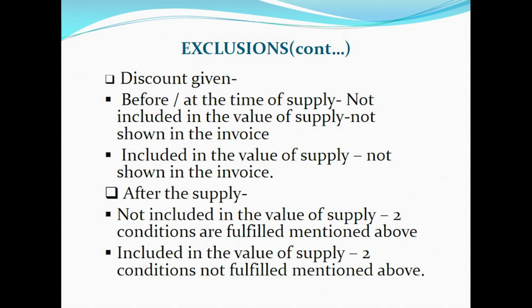Continuing the exclusions, the discount given before or at the time of the supply is not to be included in the calculation of the transaction value, and it should not be shown in the invoice also. And when the discount is given after the supply, it is not to be included. If it has to be included, there are two conditions which are to be fulfilled.